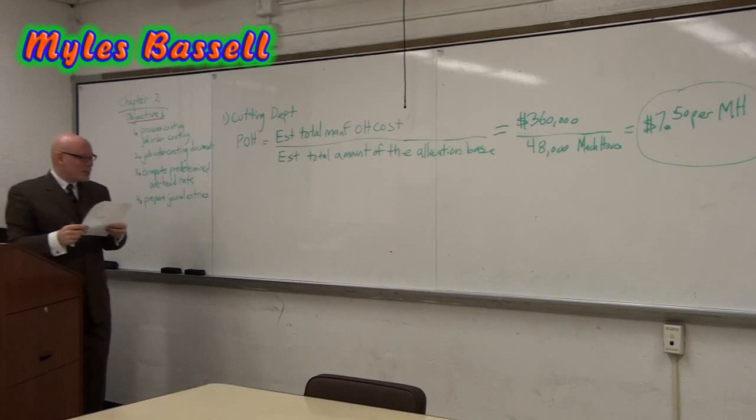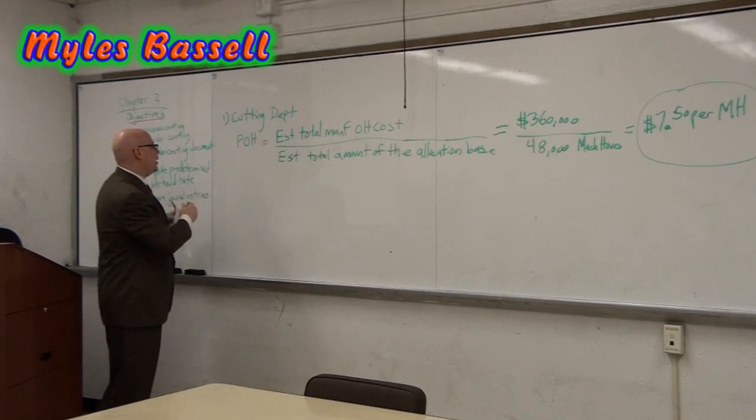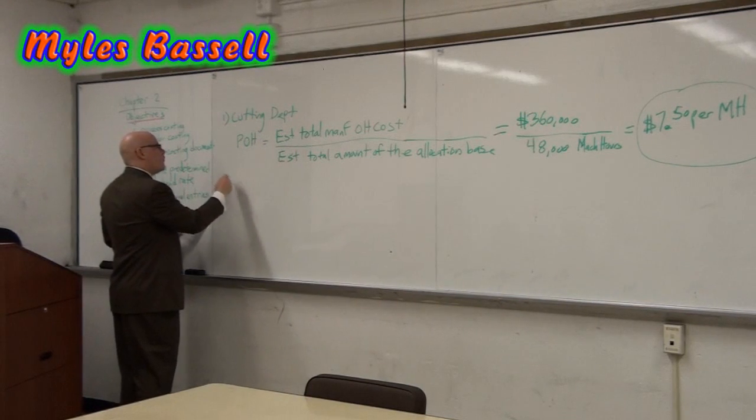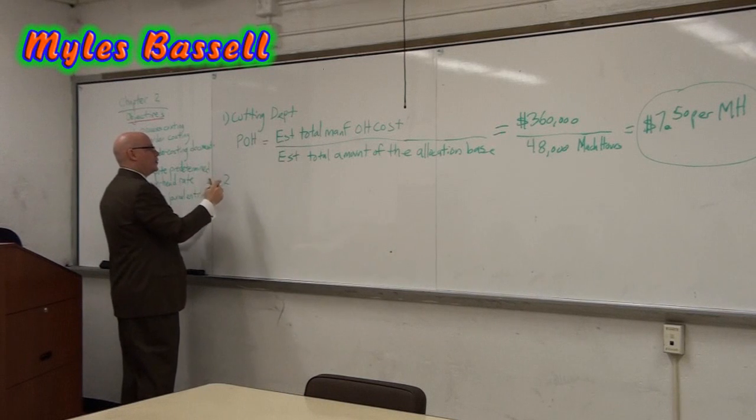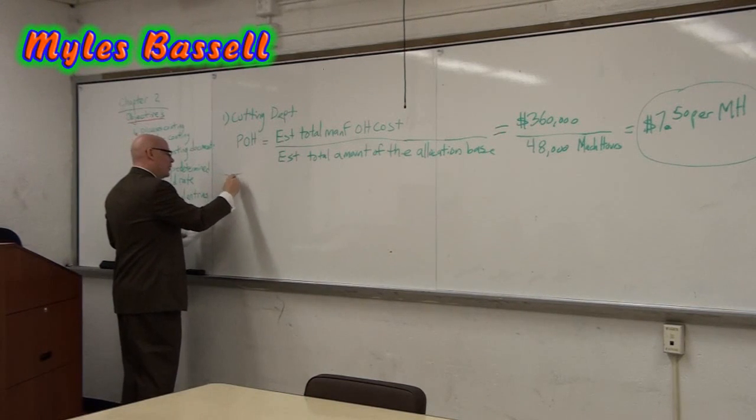So now let's look at the finishing department, because this is just for the cutting department. Remember, we're trying to figure out what is the predetermined overhead. This is for finishing.